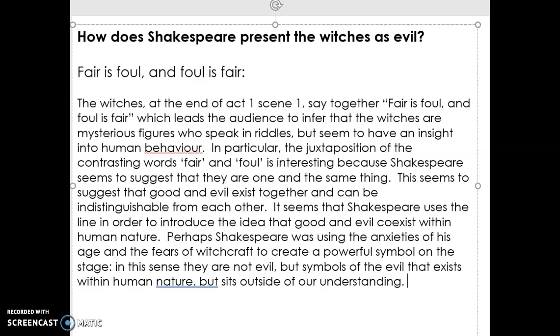This seems to suggest that good and evil exist together and can be indistinguishable from each other. It seems that Shakespeare uses the line in order to introduce the idea that good and evil coexist within human nature. Perhaps Shakespeare was using the anxieties of his age and the fears of witchcraft to create a powerful symbol on the stage. In this sense, they are not evil, but symbols of the evil that exists within human nature, but sits outside of our understanding.